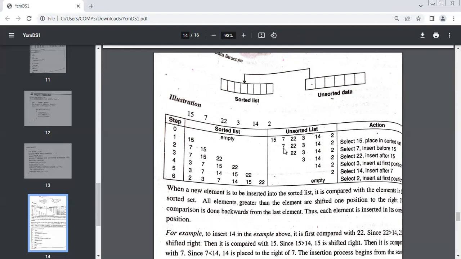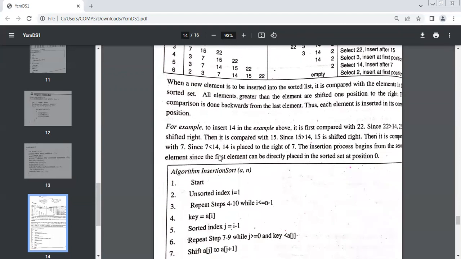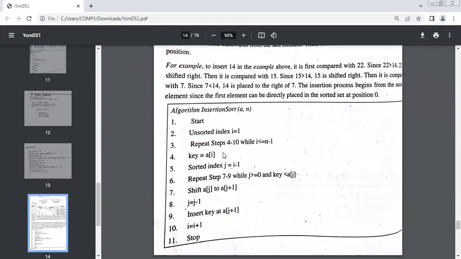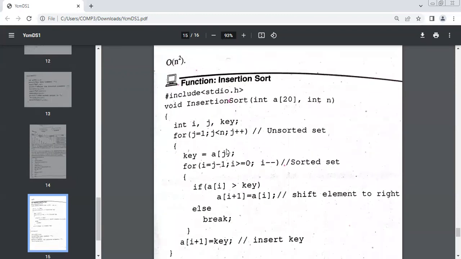Means जो भी हम unsorted list में से elements लेंगे उस एलिमेंट को सॉर्टेड लिस्ट में जो भी एलिमेंट है उस हर एक एलिमेंट के साथ कंपेयर करके शिफ्ट करना है और बीच में उसको उसके प्रॉपर जगह पे पुट करना है. सो दिस इज द एग्जाम्पल ऑफ इंसर्शन सॉर्ट. ओके, एंड दिस इज द प्रोग्राम फॉर इंसर्शन सॉर्ट.